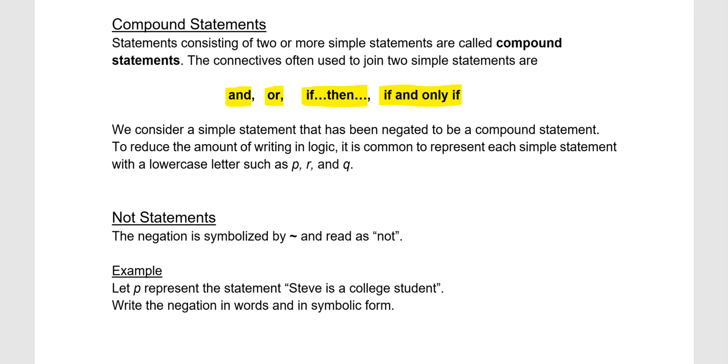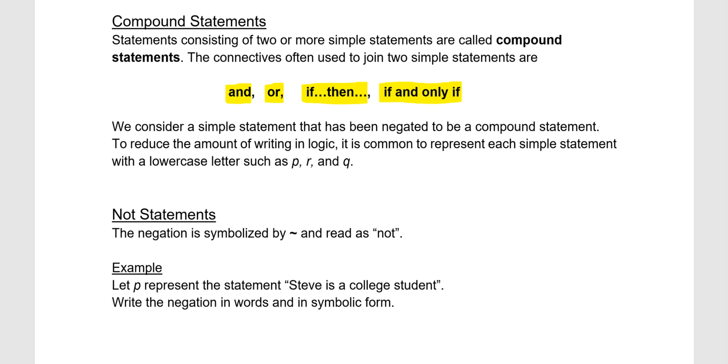We also have to remember this one little piece of information: if a simple statement has been negated, we consider that to be a compound statement. We're going to be using a lot of symbols, so it's very common to represent a simple statement with a lowercase letter, and the most commonly used ones are P, R, and Q.